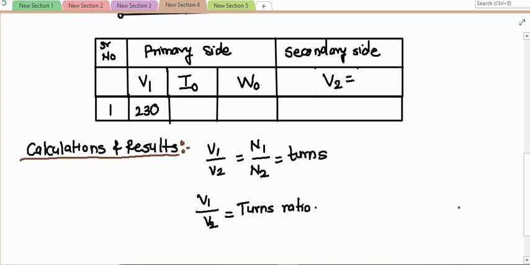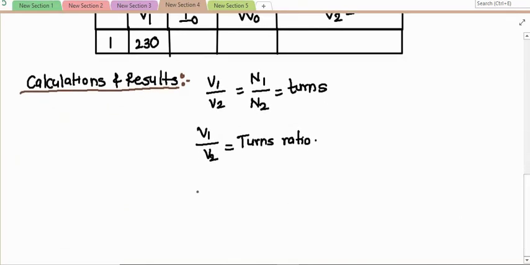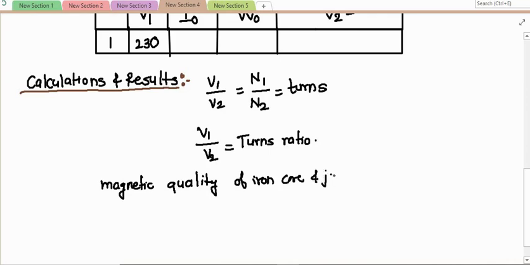The magnitude of your no load current I0 gives the check on the magnetic quality of the iron core and the joints.